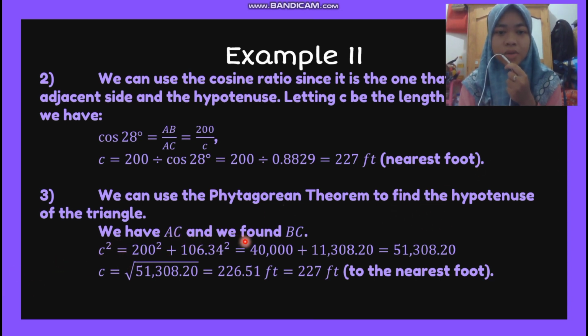Next, we can use the Pythagorean theorem to find the hypotenuse of the triangle. We have AC and we found BC. C squared equals 200 squared plus 106.34 squared, equals 40,000 plus 11,308.20, equals 51,308.20, and C is the square root of this, equal to 226.51 feet.